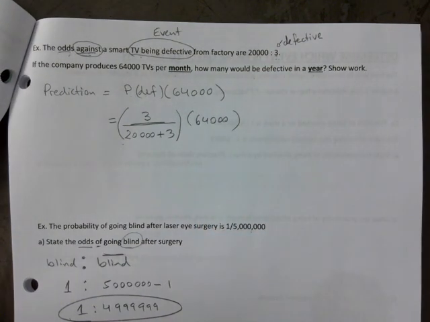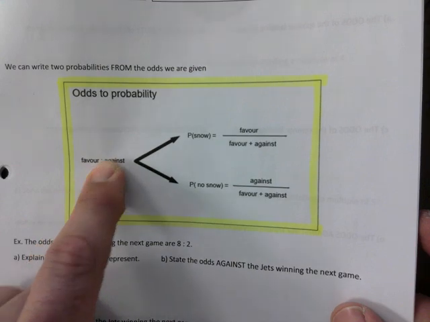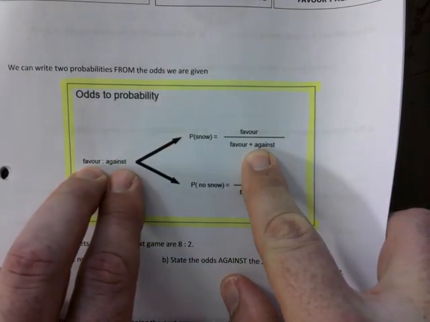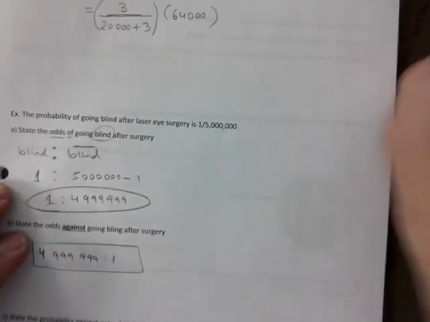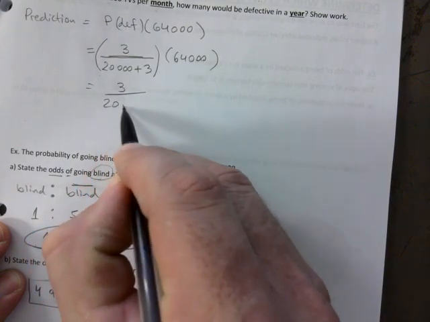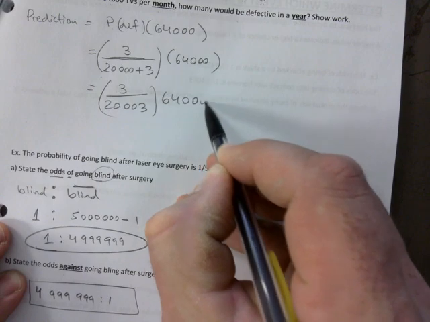If you don't believe me, I'm just going to quickly go 16. To go from odds to probability, we add the bottom two values together, right? So that's how I got that. So we're going to go 3 over 20,003 times 64,000.